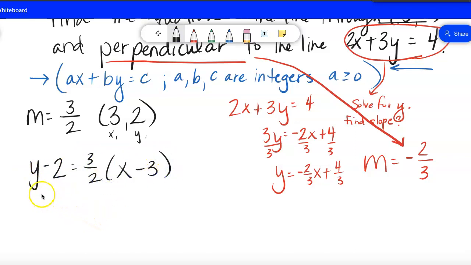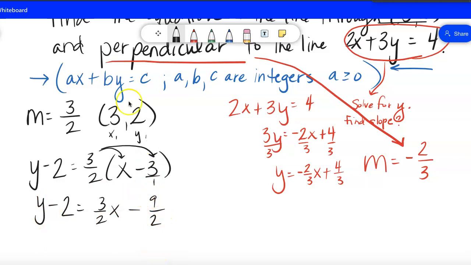You can right here get rid of the fraction, or you can distribute and then get rid of the fraction, whichever you prefer. I'm going to go ahead and distribute. I get 3 over 2 times x minus, when you distribute here, I'm going to put a 1 under. So I have 3 times 3 is 9, and 2 times 1 is 2.